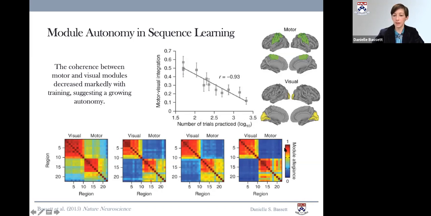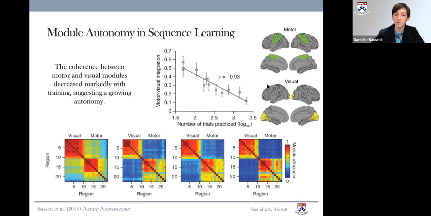And what that means, the color here is indicating the allegiance of regions to modules. And what you can see is that the allegiance between the visual and the motor system is becoming less and less. So in other words, these two systems are becoming more and more independent, autonomous as learning is happening.